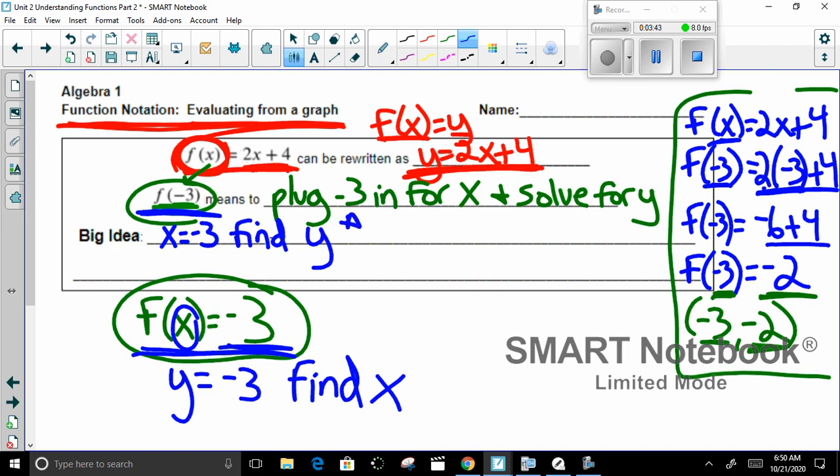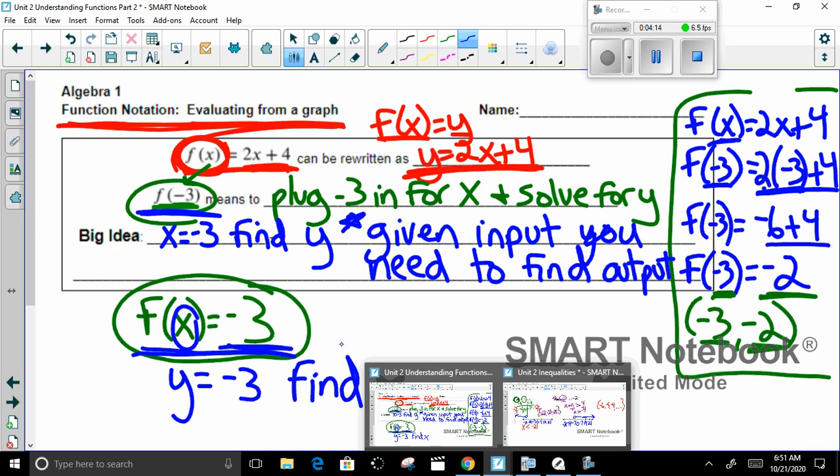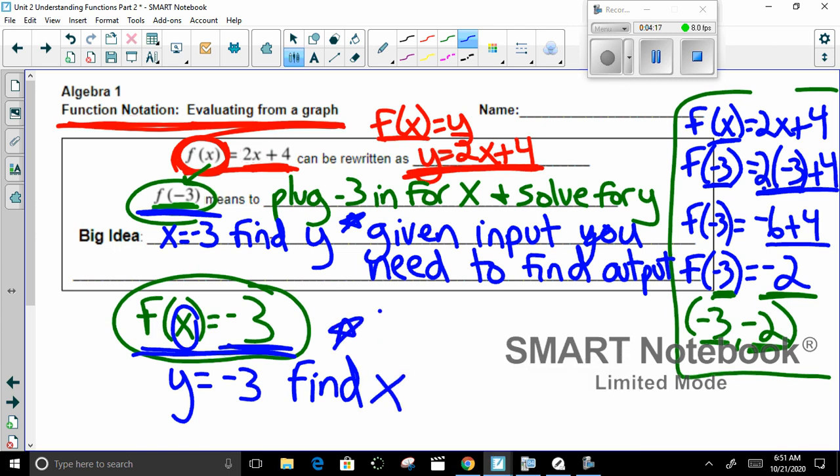So in the top situation, you are given an input. You need to find the output. In the bottom situation, you are given the output.